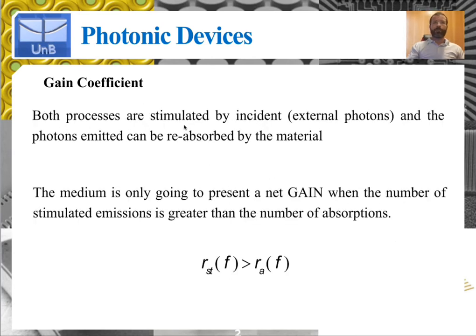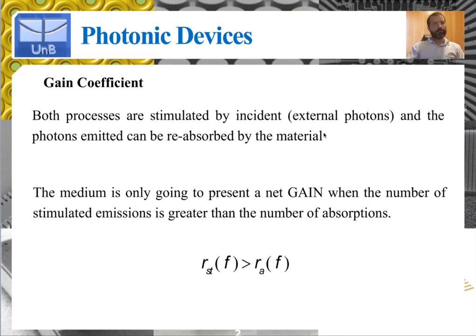In our previous lecture we also talked about spontaneous emission, but both stimulated emission and stimulated absorption are stimulated processes, which means that the stimulus is incident photons flowing through the material. And the photons emitted by stimulated emission, for example, can be reabsorbed by the material itself.